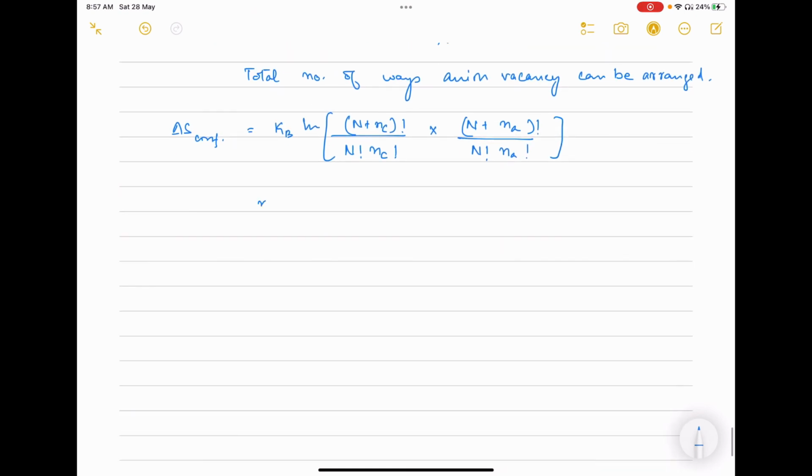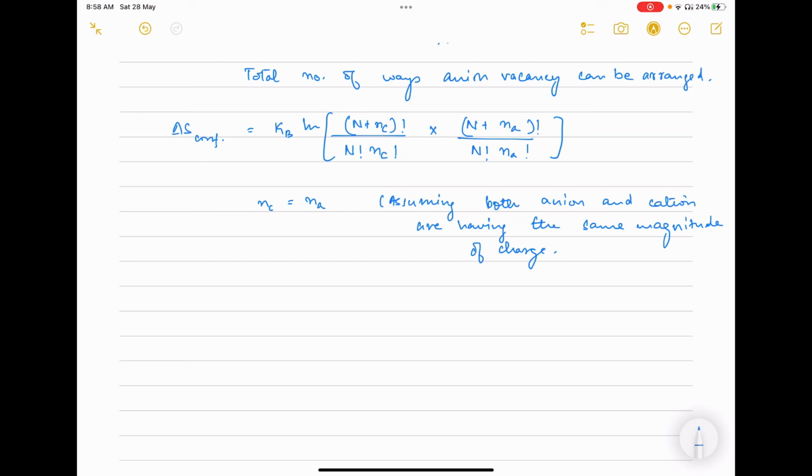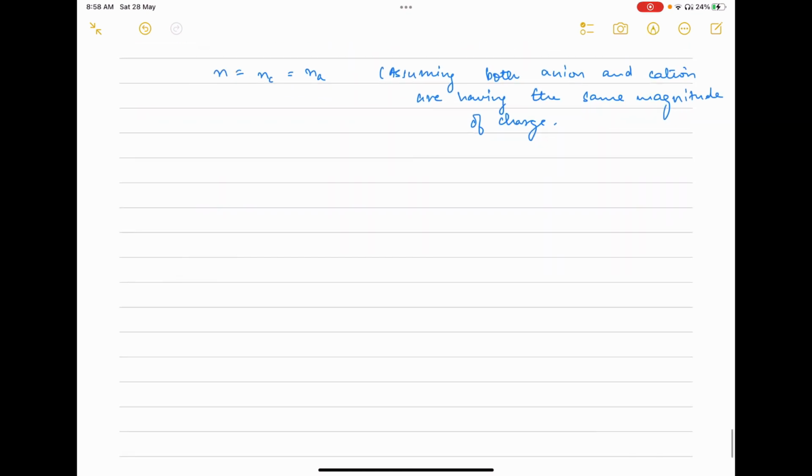Now here nc is equal to na, assuming both anion and cation have the same magnitude of charge. So then if this is n, ΔS configuration, as derived for Frenkel pair, becomes 2kB ln of (N+n)! divided by N! into n!.